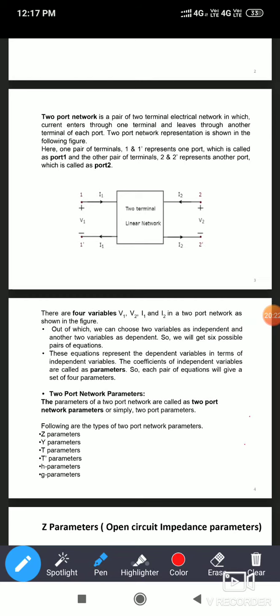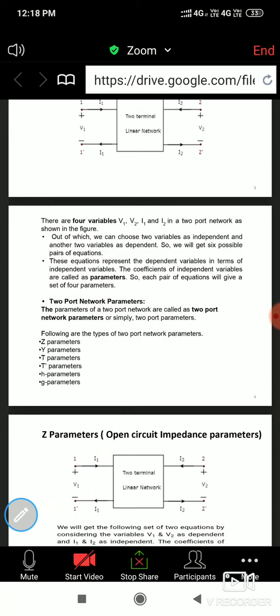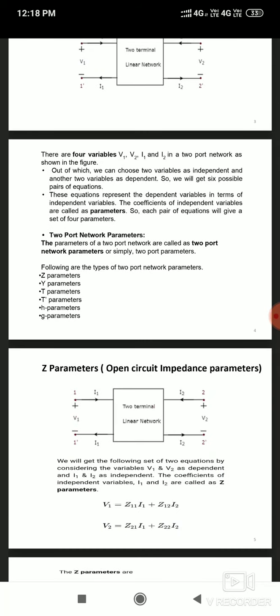Okay, now next one. So V1, V2, I1, I2. Suppose out of these four variables I am taking I1 and I2 as independent. If I take I1 and I2 as independent variables, what are the remaining now? V1 and V2.